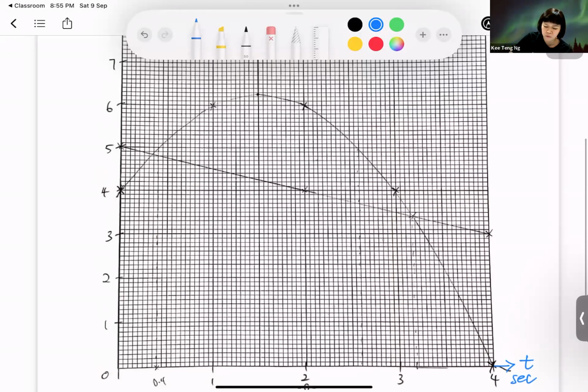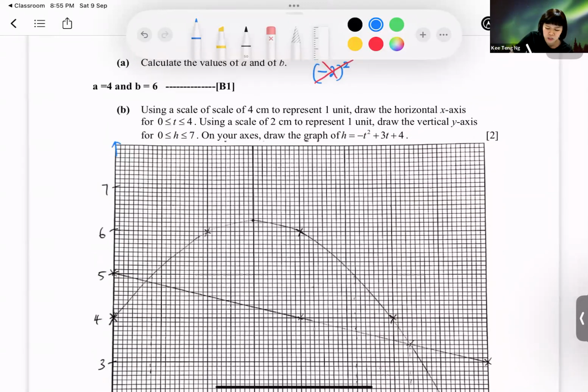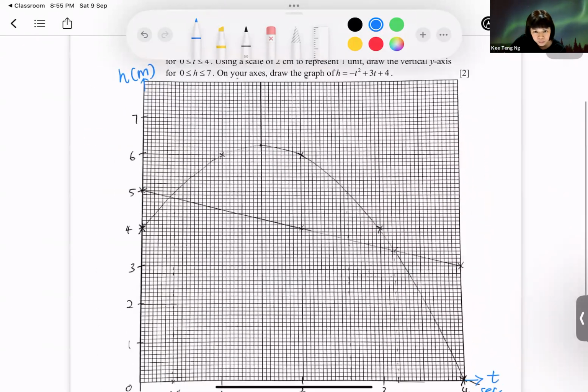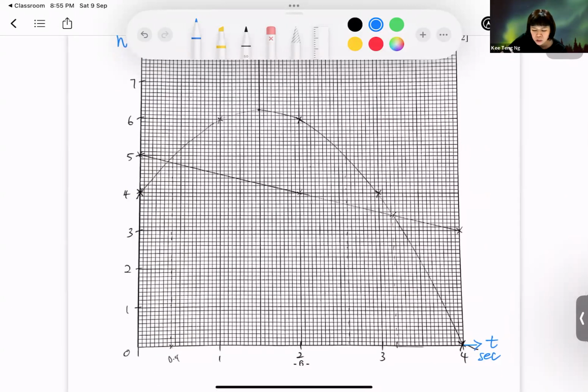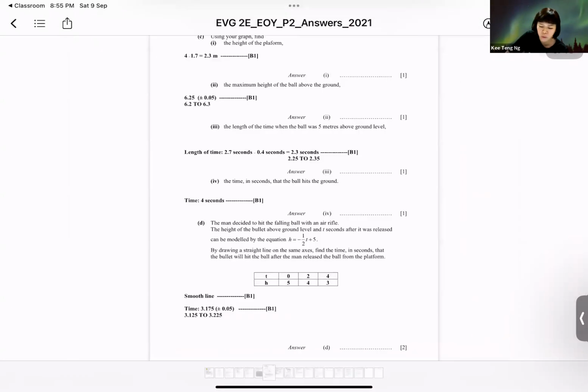Okay, and then my vertical y axis is now the height h in meters. All right, and 2 cm to represent 1 unit and draw. So I've sketched the graph over here already, given in the answer scheme. Okay, and you notice something? The teacher actually drew the line of symmetry over here. All right, then now let's answer the next page of the question.